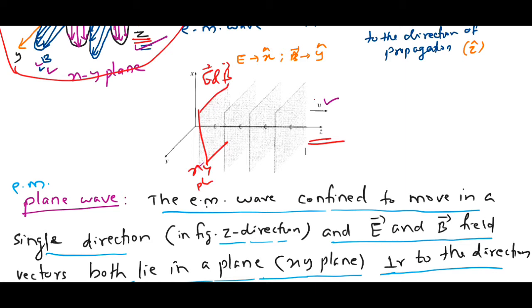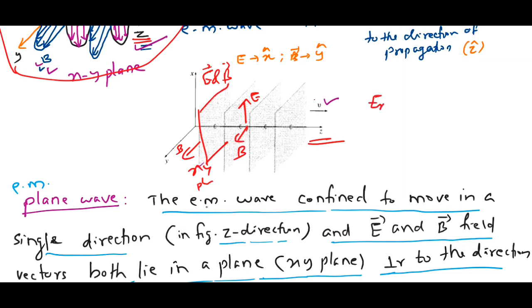If so, what will we write? The electric field is along the x direction and the magnetic field is along the y direction. This is the direction of E, and this is the direction of the magnetic field.